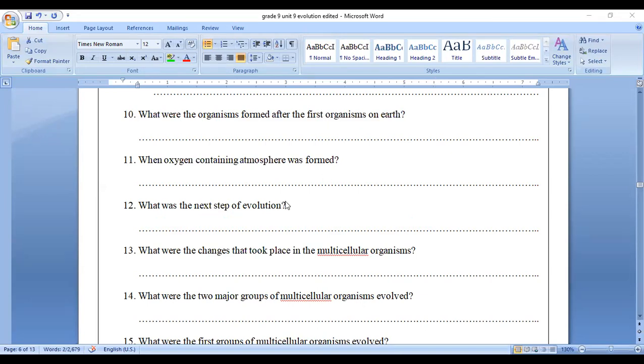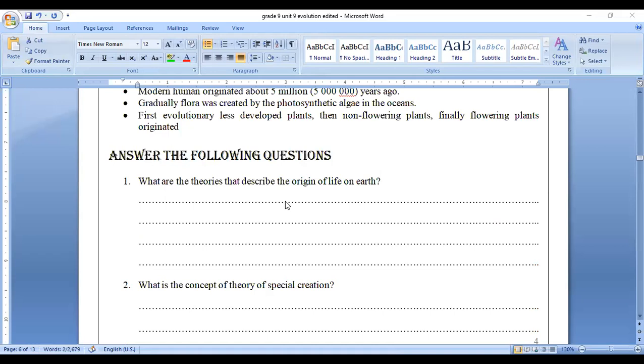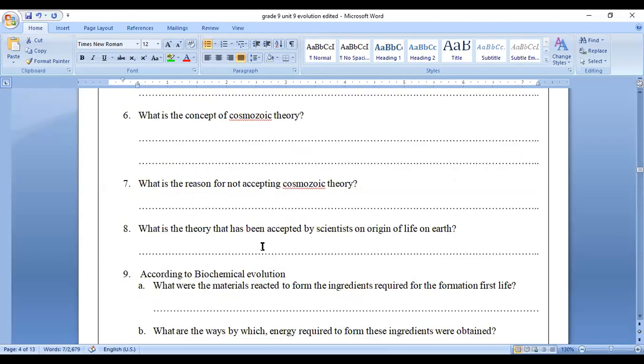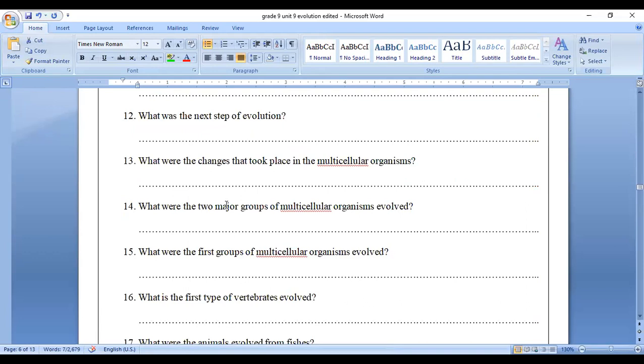And thereafter, what were the changes that took place in the multicellular organisms? In them, gradually tissues, organs, and systems appeared.